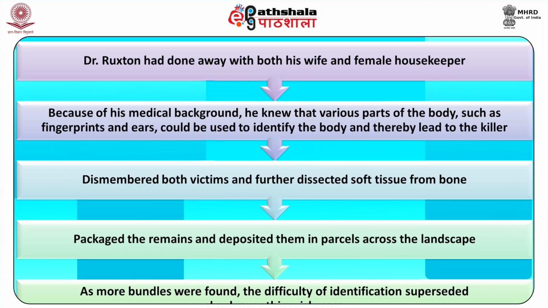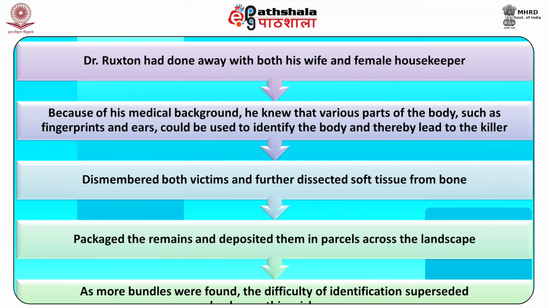One of the famous examples of early attempts at craniofacial superimposition was the Buck Ruxton case in Scotland in the year 1935. Dr. Ruxton had done away with both his wife and female housekeeper.